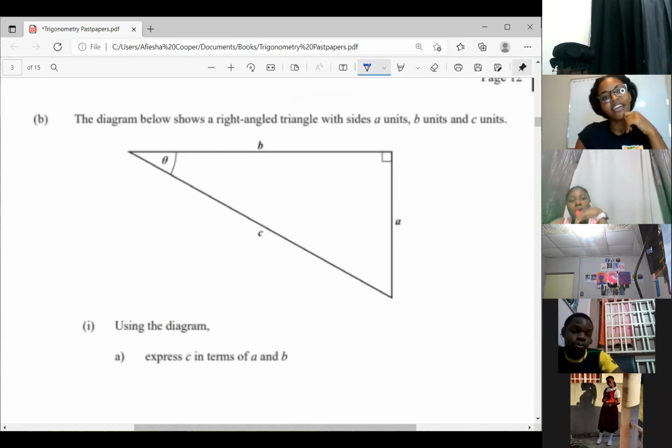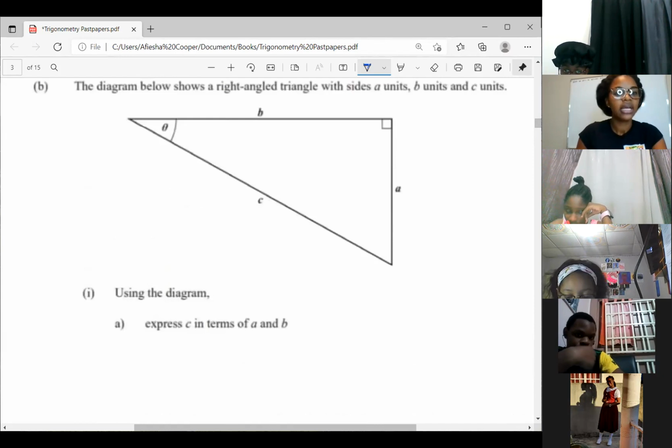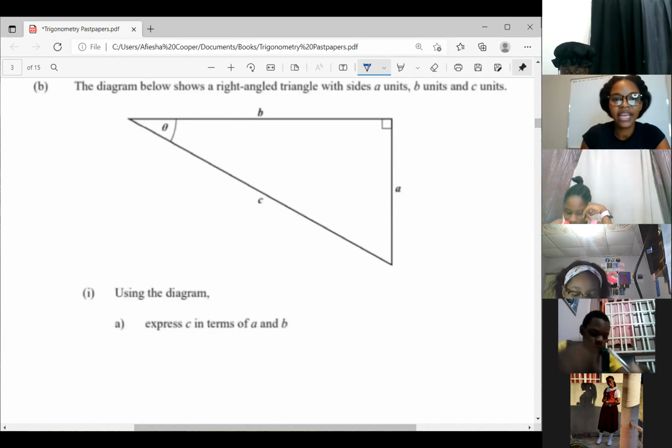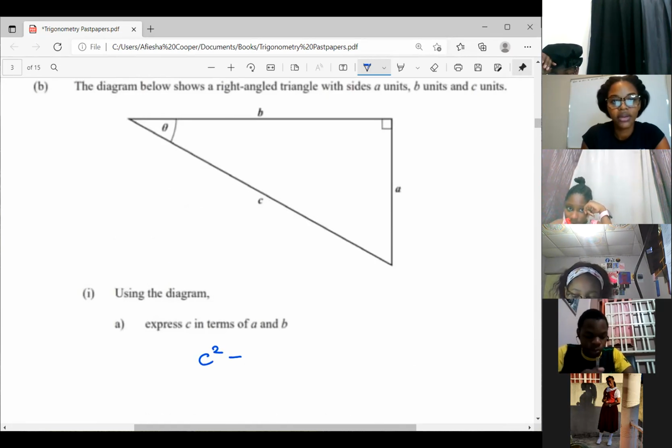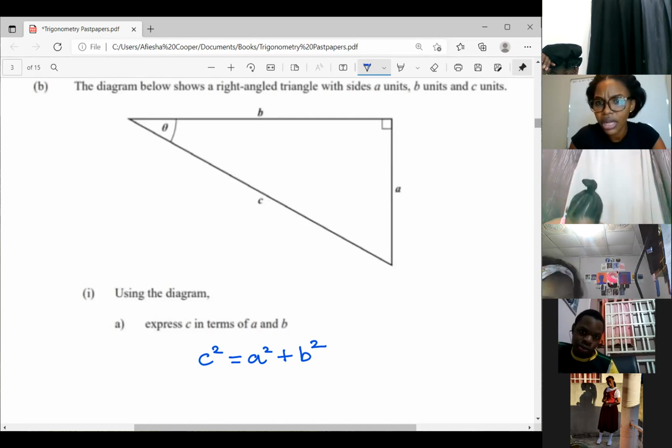The diagram below shows a right angle triangle with sides A, B, and C units, right? Express C in terms of A and B. So how would C be expressed in terms of A and B? C squared equals A squared plus B squared. What is that rule called?